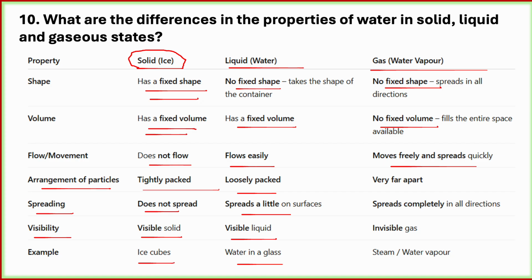What about arrangement of particles? Very far apart. That means they are not tightly packed. Then spreading, spreads completely in all directions. Then what about its visibility? Invisible gas. Then example, steam or water vapor.